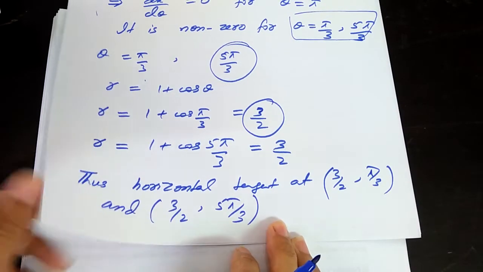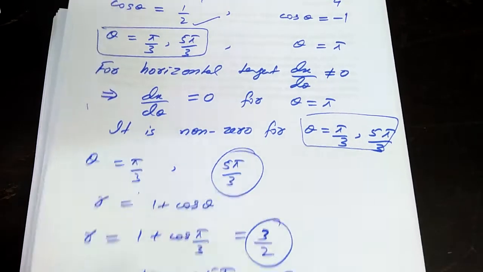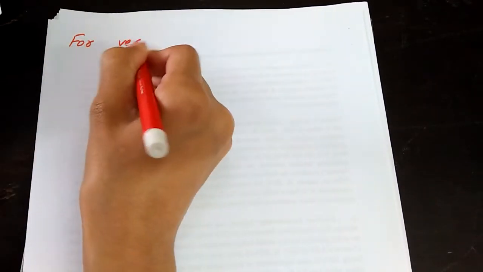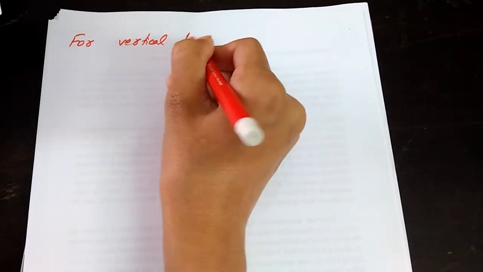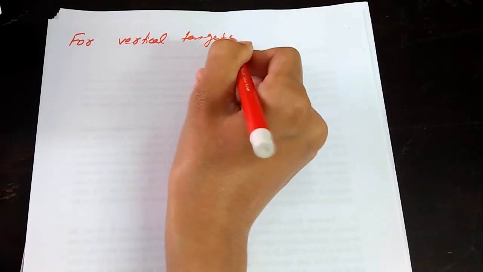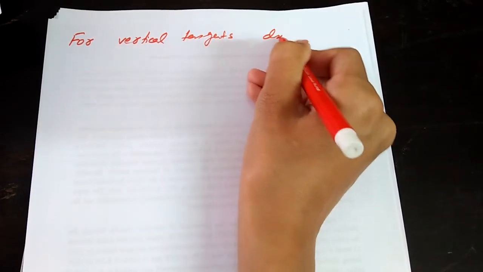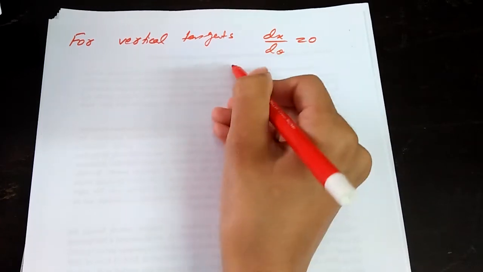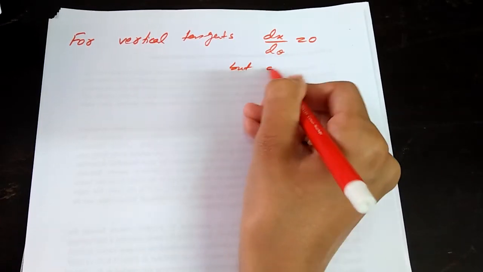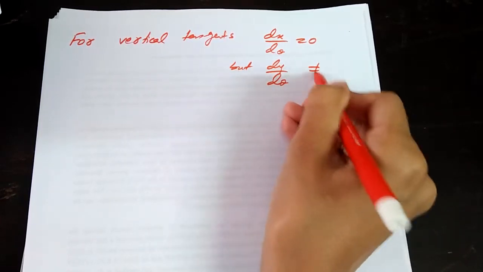Now we have to find the tangents at the vertical points, so we have to follow the same method. For vertical tangents, dx by d theta equals 0, but dy by d theta cannot be equal to 0.